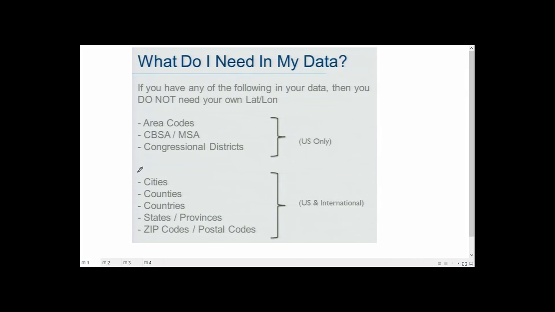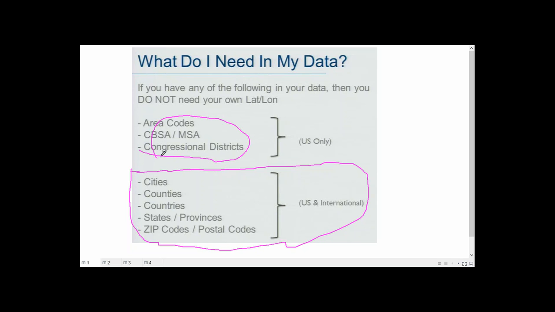Out of 8, these 5 we can use globally, whereas these 3 roles are specifically for the US. So if your field contains any of these geographic role names, then Tableau automatically generates the latitude and the longitude.